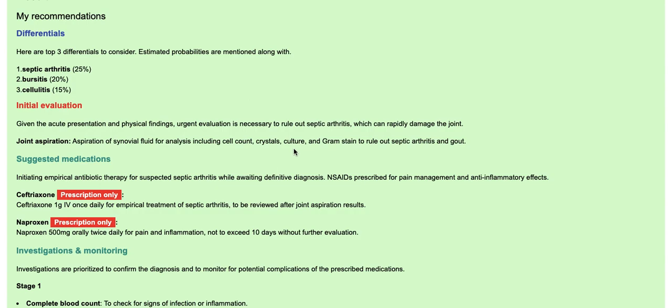But when this is still not available, you go for the empirical treatment that covers a broad spectrum of pathogens. So that's what it does actually. It gives ceftriaxone for empirical treatment of septic arthritis, to be reviewed after the joint aspiration results, right? And along with that, it gives naproxen for pain and inflammation, not to exceed 10 days without further evaluation.